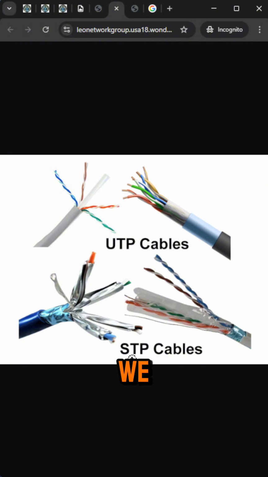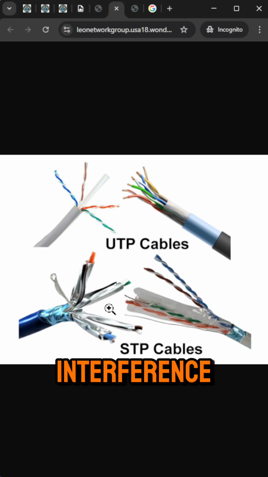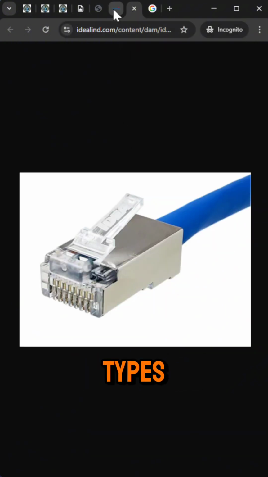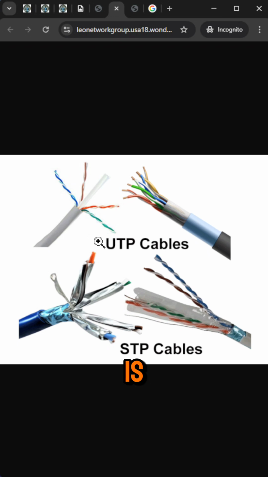And then we have STP cables, which are shielded against electromagnetic interference. So there are two types of copper Ethernet cable types: one is UTP, and the other one is STP.